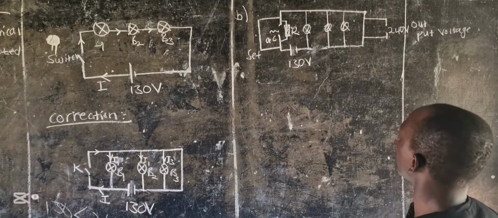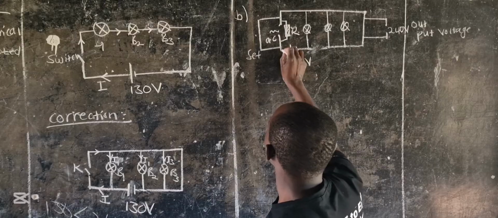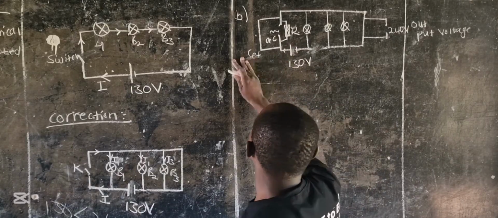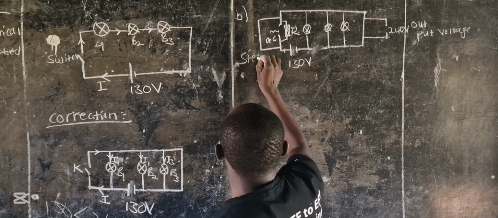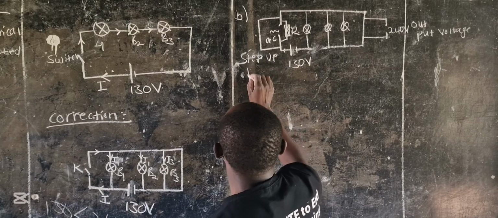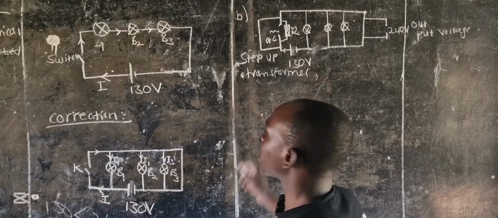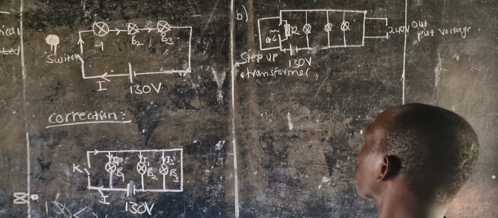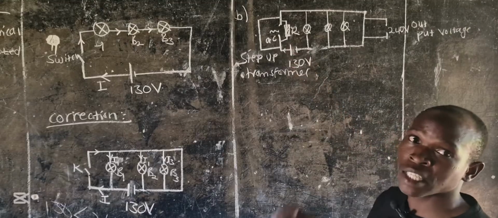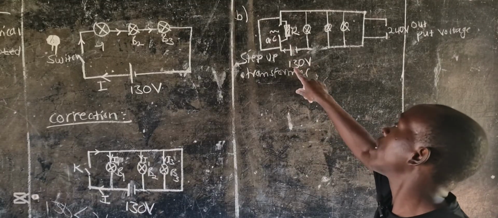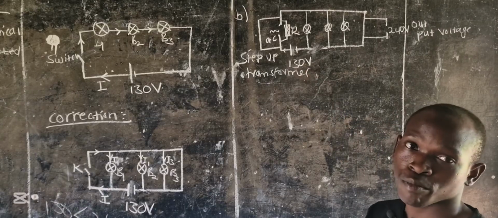So in your explanation, you say, connect a step up transformer across a protective resistor to a 130 volt supply main.